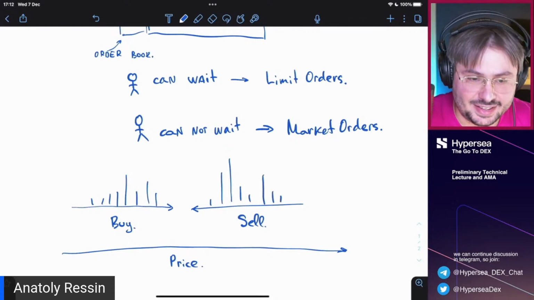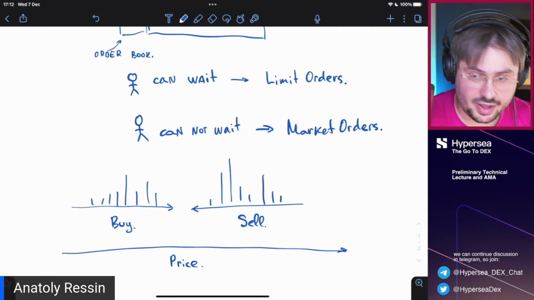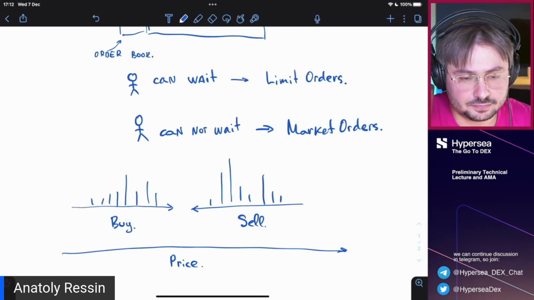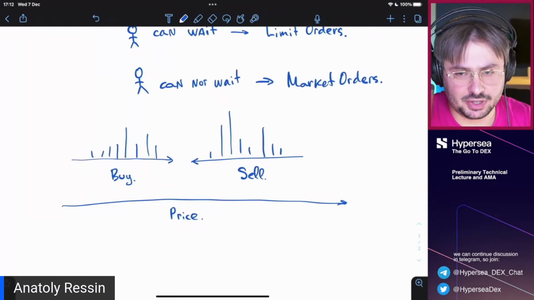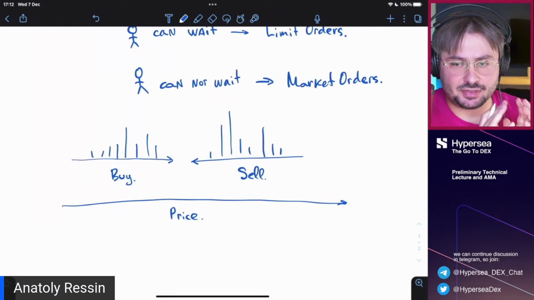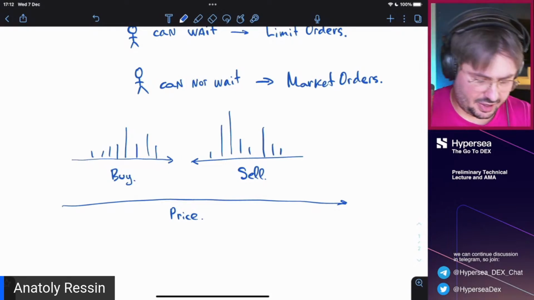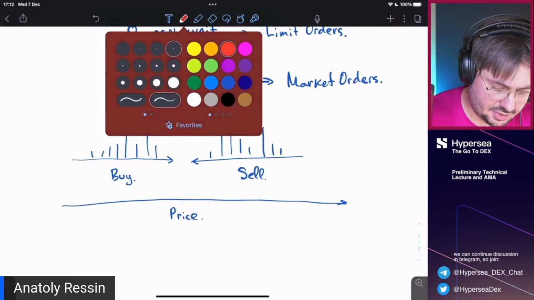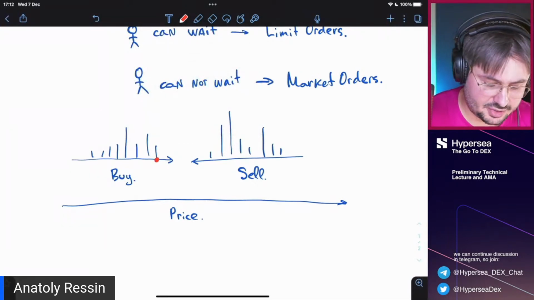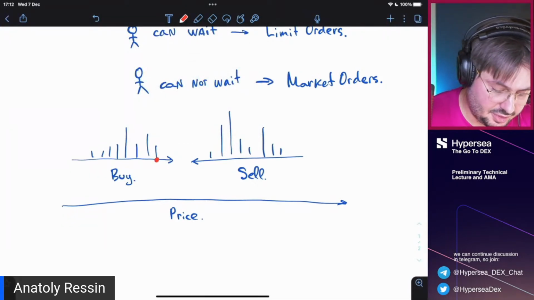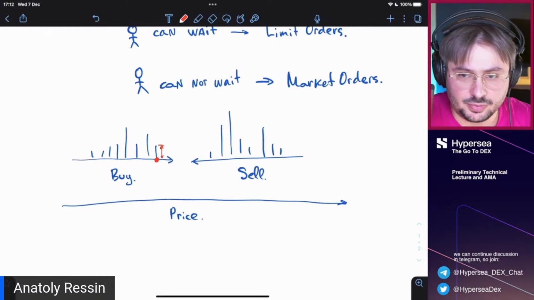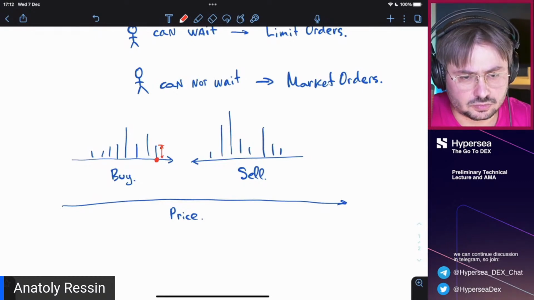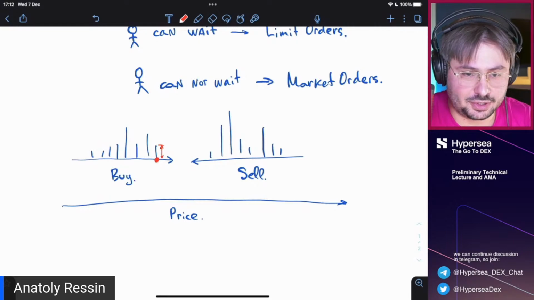But when we are talking about these orders, the orders themselves have a particular price, and they have a particular amount that you want to buy or that you want to sell.